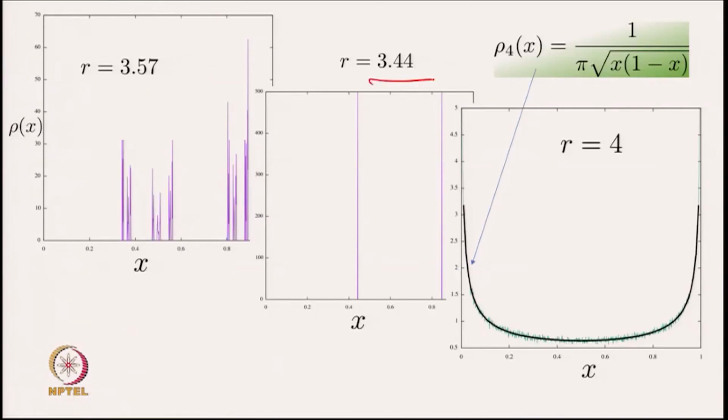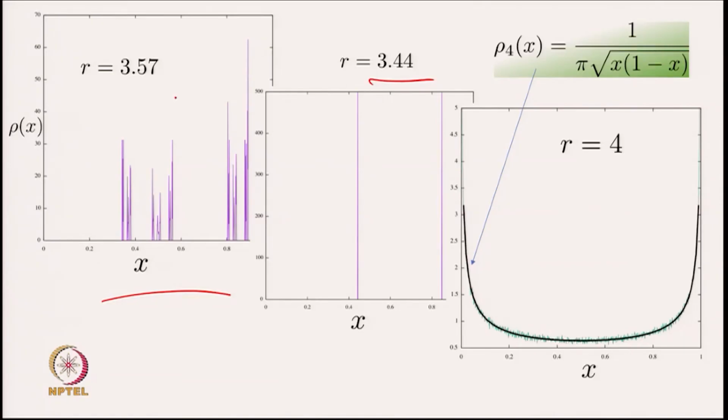So at r is equal to 3.4, as we had discussed, we have these two delta functions. At r is equal to 3.57, you can see that this invariant density is quite a bit more complicated, although there is an interesting structure over here which we may come back to in a subsequent lecture.